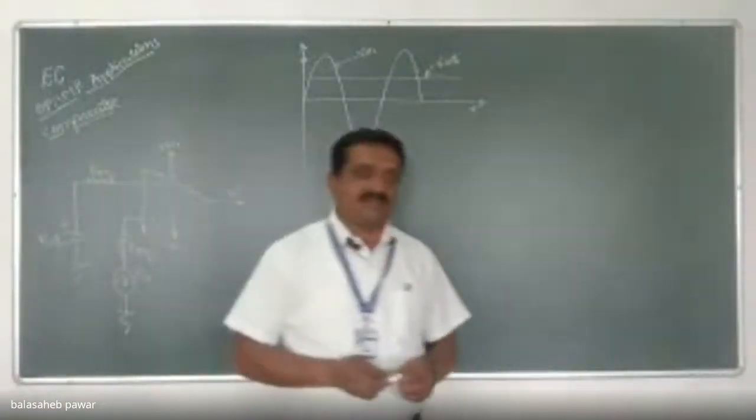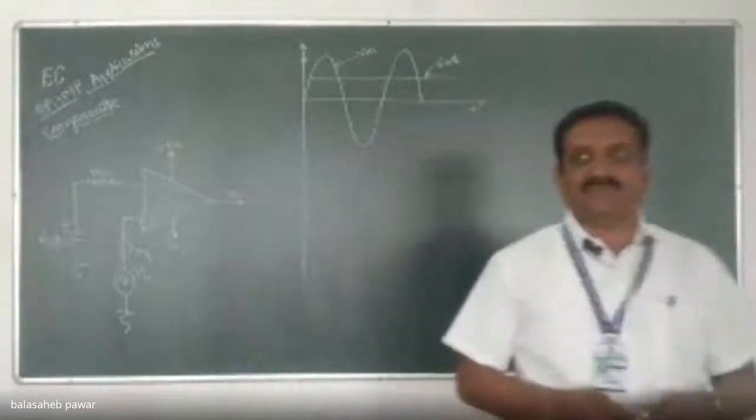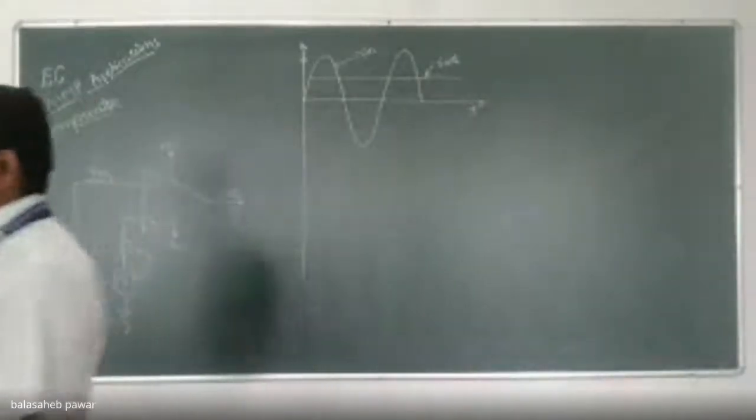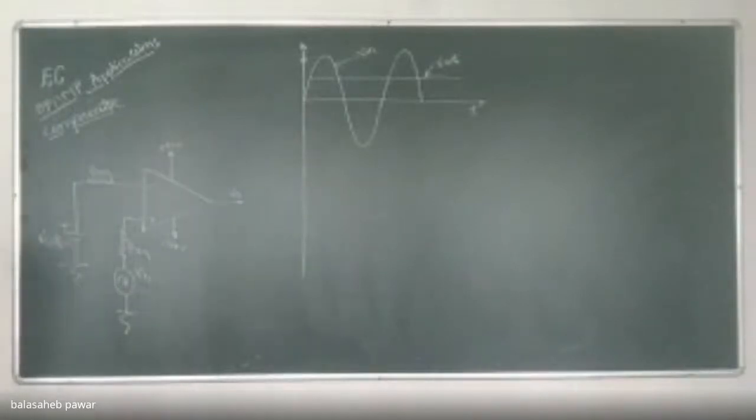For 741, it is 2 into 10 raised to 5. Are you agree with this? Yes or no? Am I audible? Yes, sir. Okay. Is the blackboard visible properly? Yes, sir.